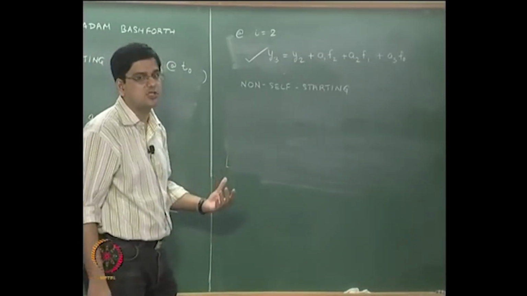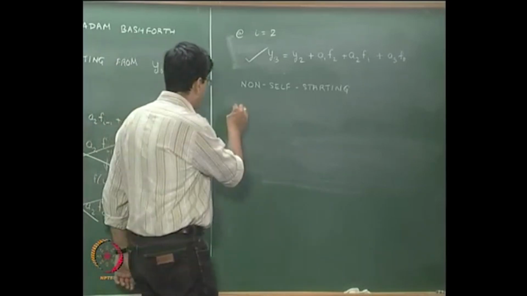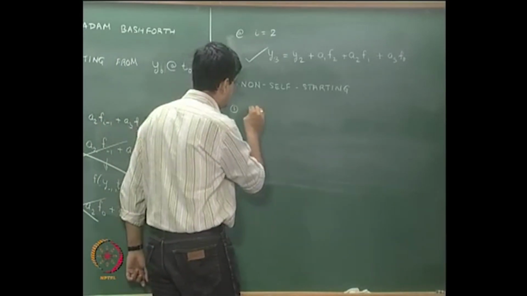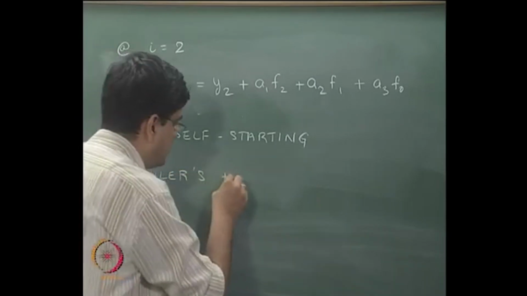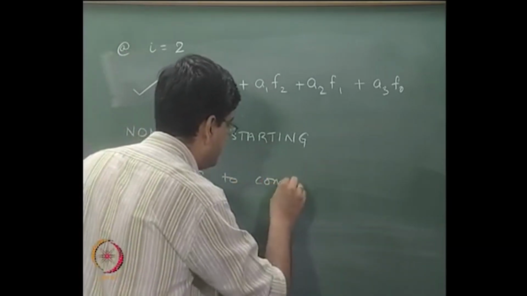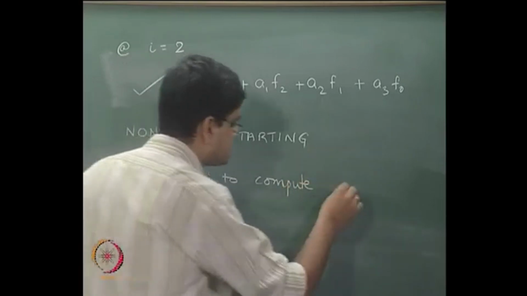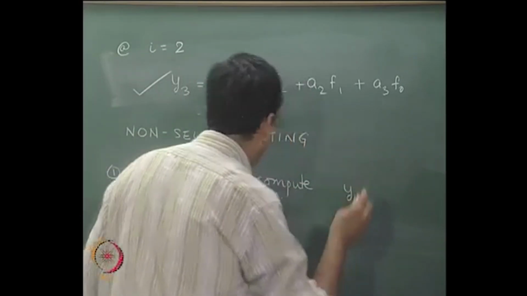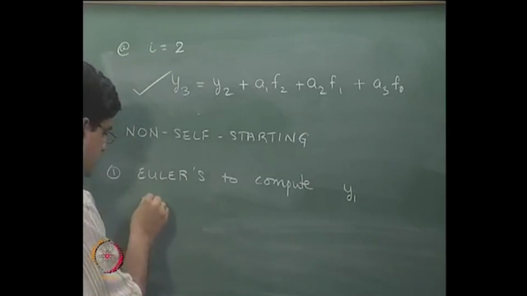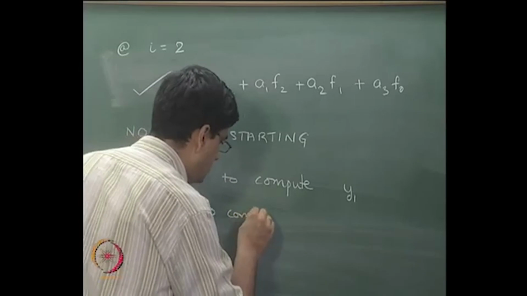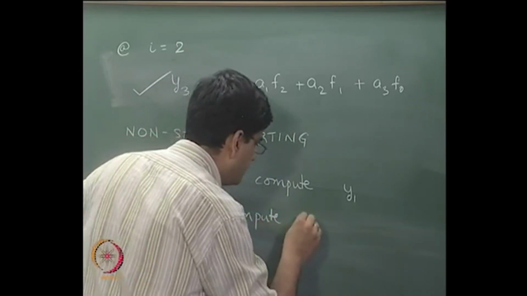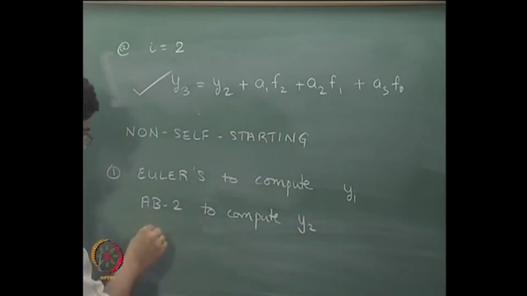So what is the solution? There are various ways to do. One is you can use the Euler's method to compute y1. You can use Adams-Bashforth second order method to compute y2, and so on.